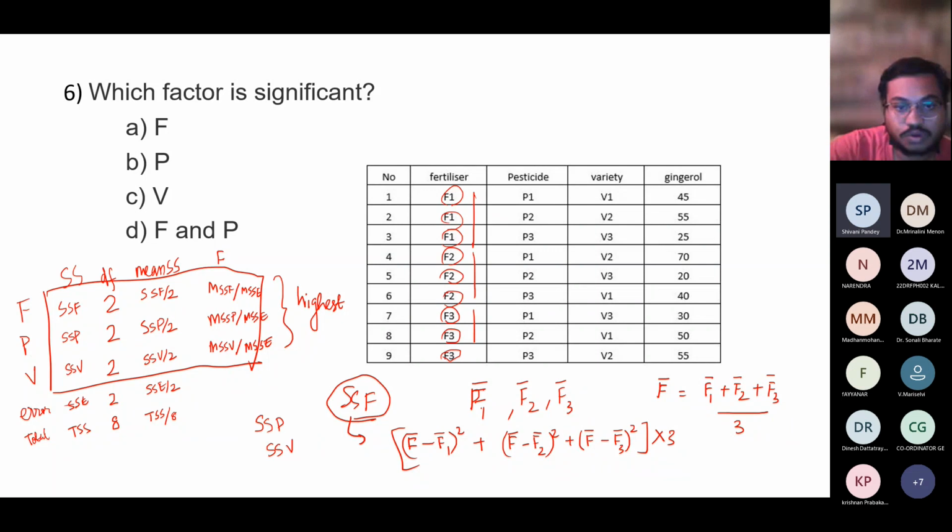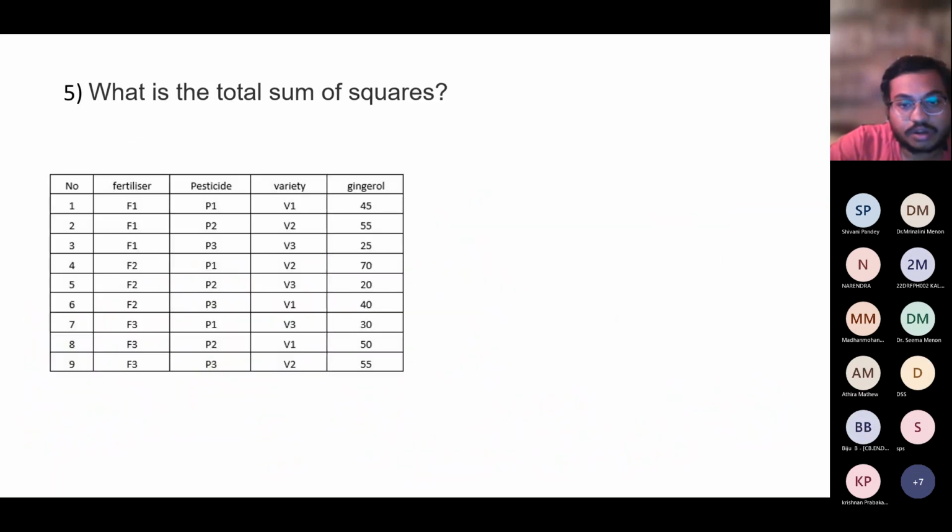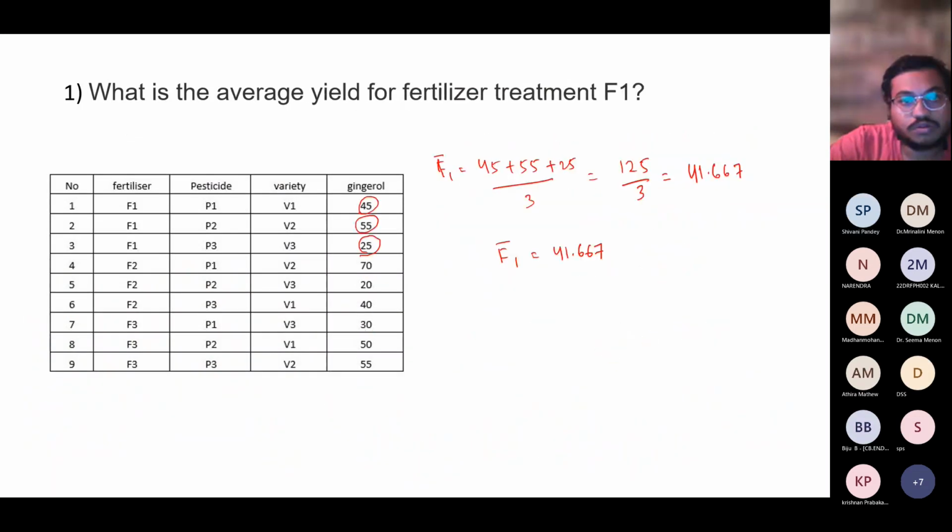Sir, pardon me to ask, could you repeat the question 1, 2, 3? It's better if I repeat it now, since we'll use these calculations when moving forward.